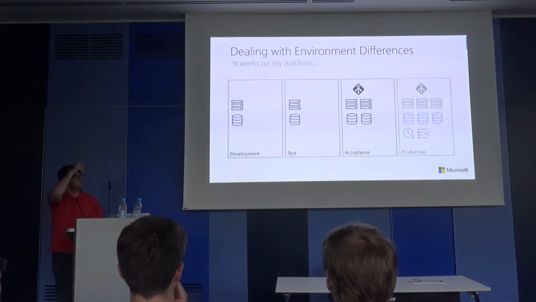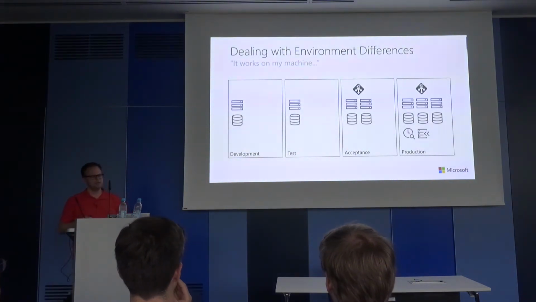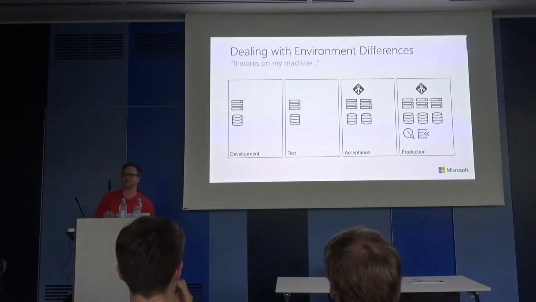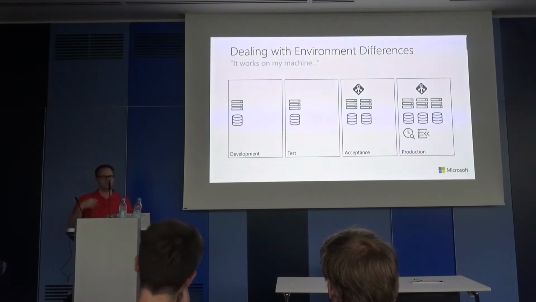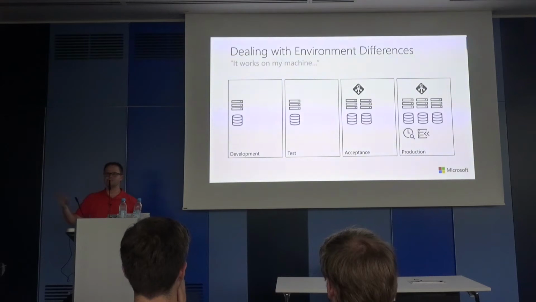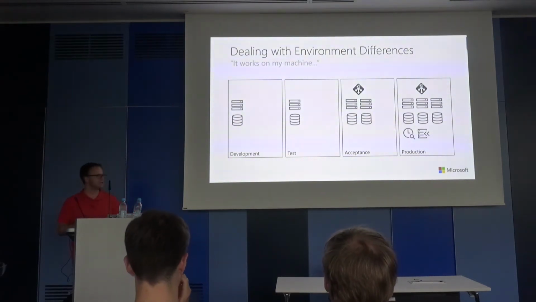First of all, I want to explain this by this example. Everyone knows this statement: it works on my machine. You develop some awesome application and you deploy it in a test environment. And when you get that working, it's being released by some other person on acceptance, and it doesn't work. And it's always the other person's fault.